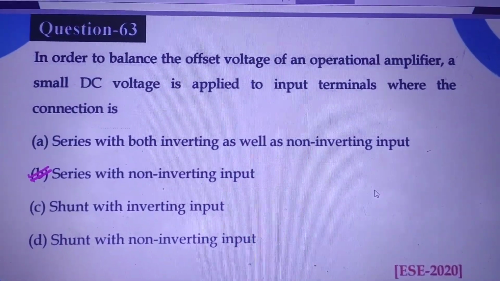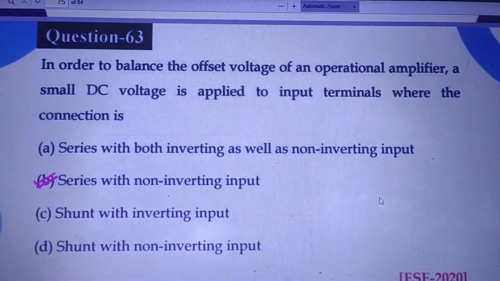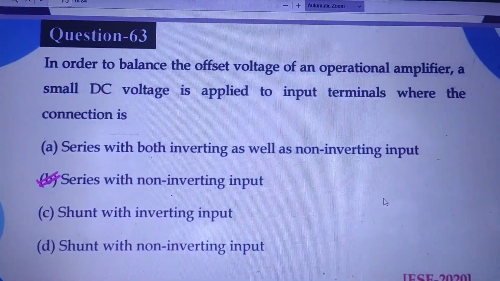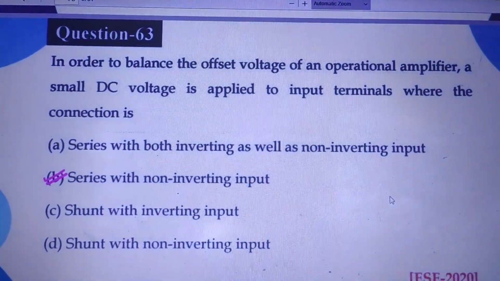So we will connect a small DC voltage in series with the non-inverting input, that is the positive terminal.